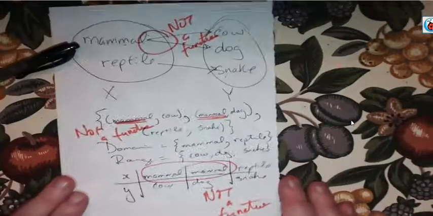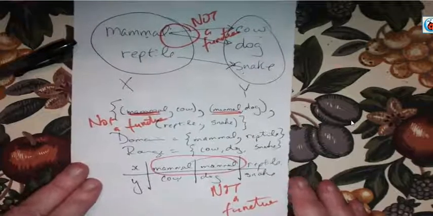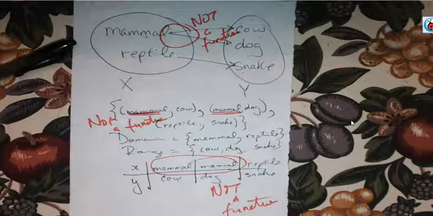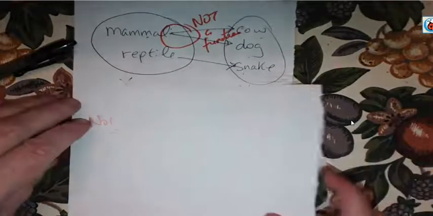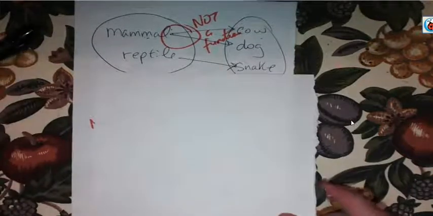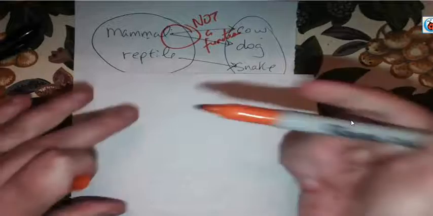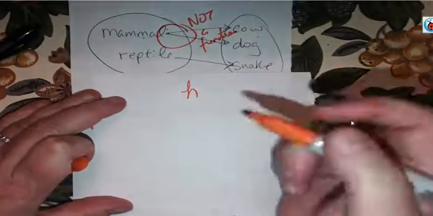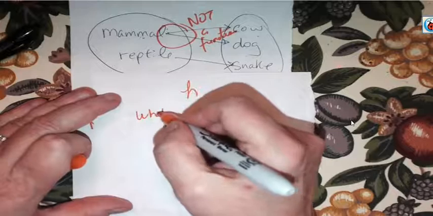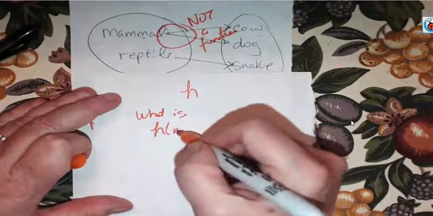Now notice this is not a function, so we cannot represent that with a letter, because if I tried to represent that, say, with an H, and the question was, what is H evaluated at mammal?